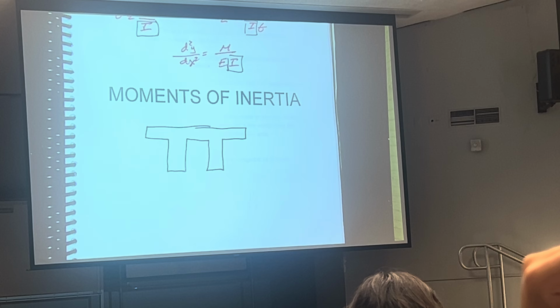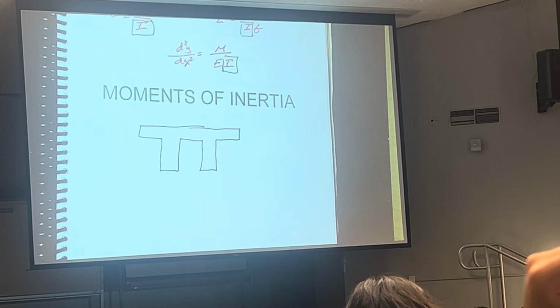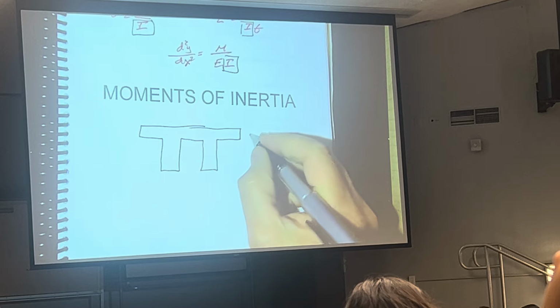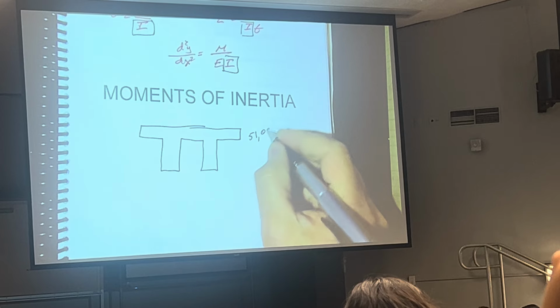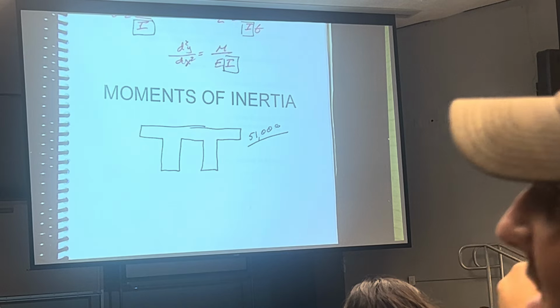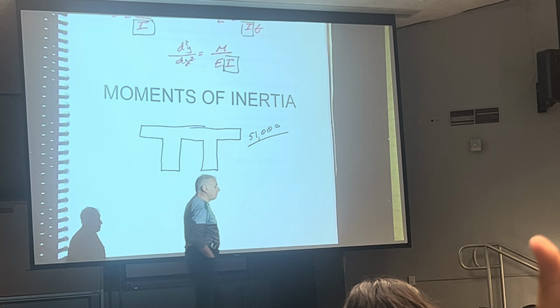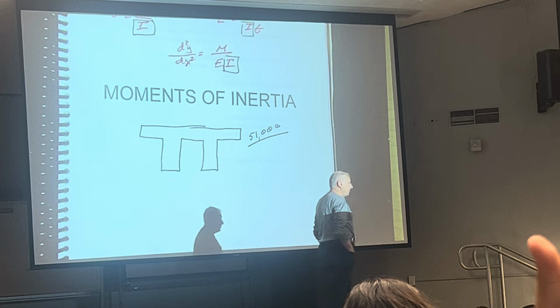It is a double T. That's a single T. Put two of them together, it's a double T. Each one of these, made out of concrete, is about 51,000 pounds, going up as floors.